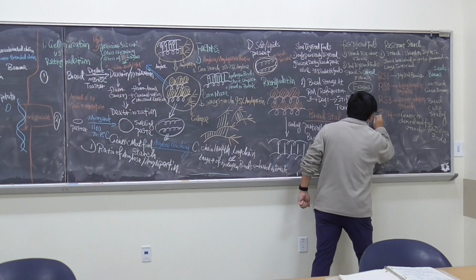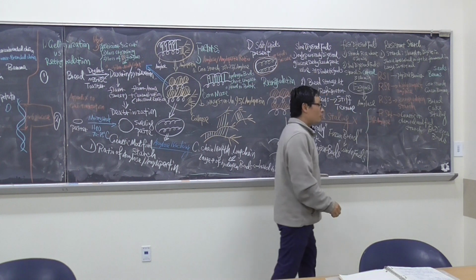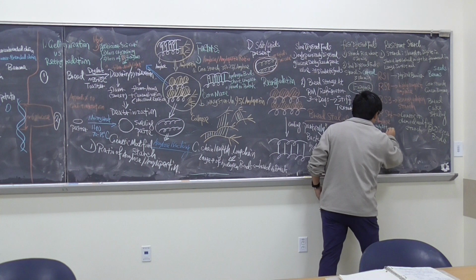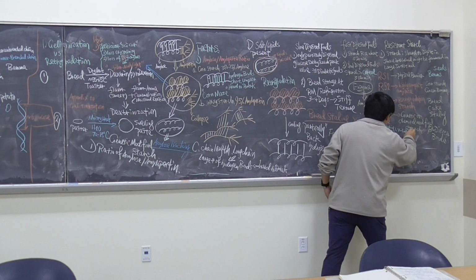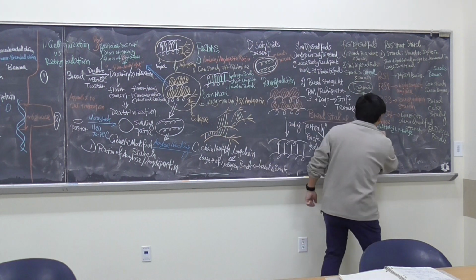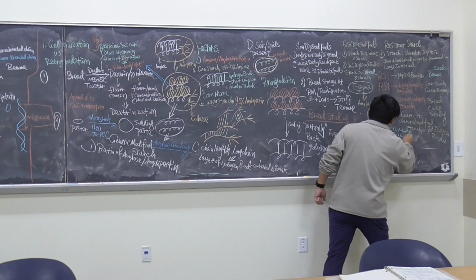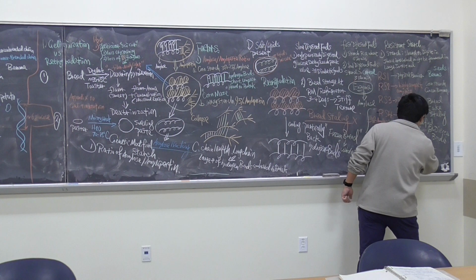Number 1, alpha amylase. Alpha amylase is only attacking 1,4 linkage, which means they only attack 1,4 glycosidic bonds, and have no effect on 1,6 linkage, and no effect on the helix.